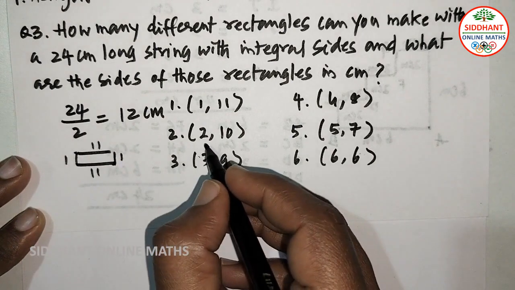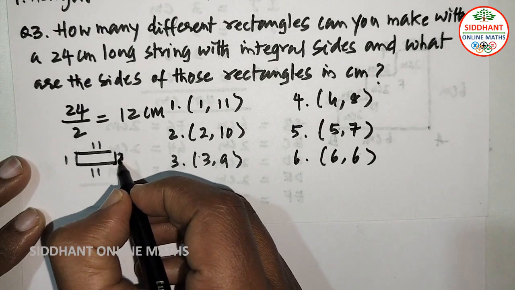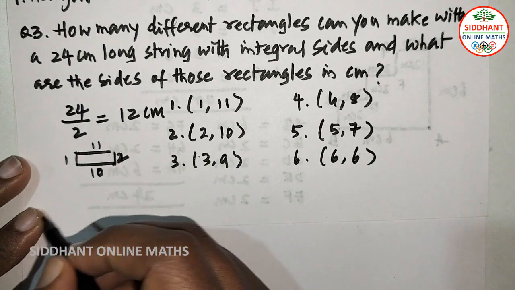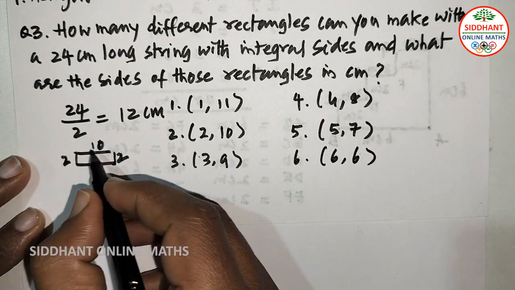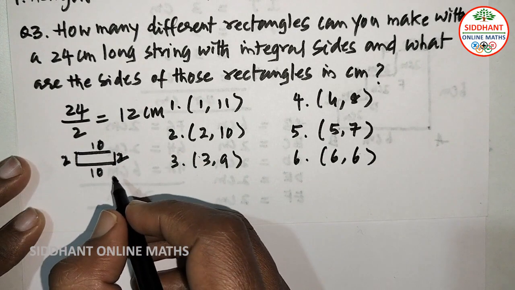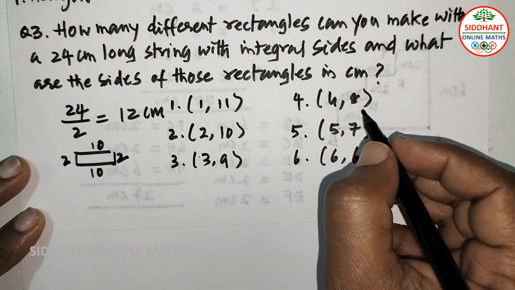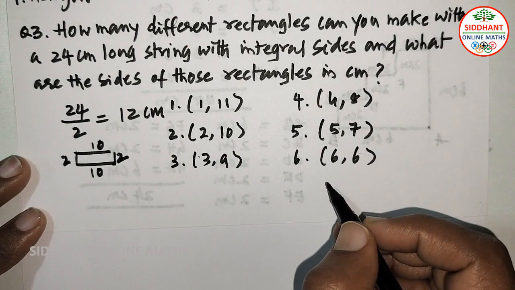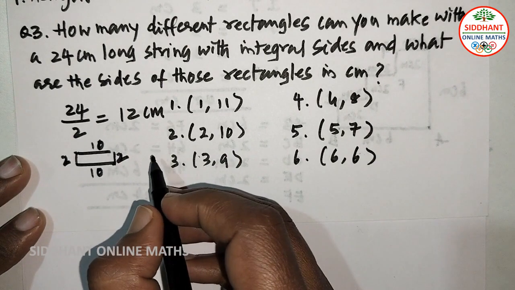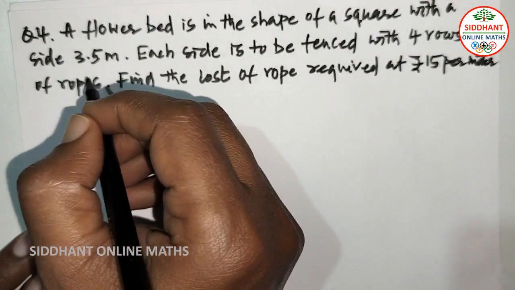In the same way 2 and 10, so here the breadth is 2 and the length will be 10, here also 10, here also 2, so the total will be 24 centimeters. In this way 3, 9, 4, 8, 5, 7, 6, 6. So these are the possible dimensions to form different rectangles.